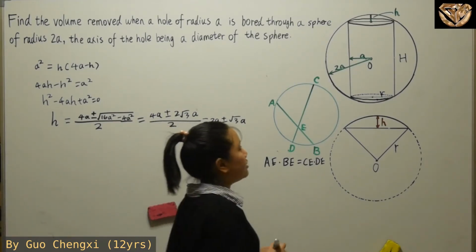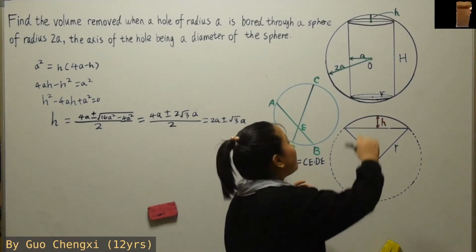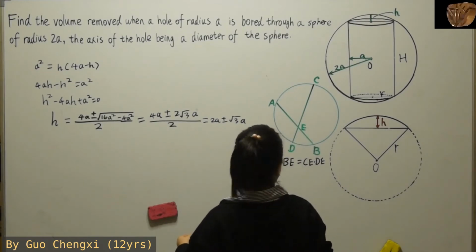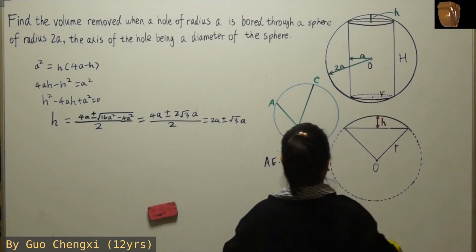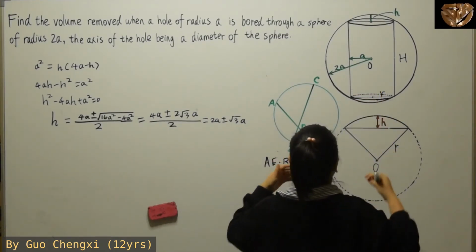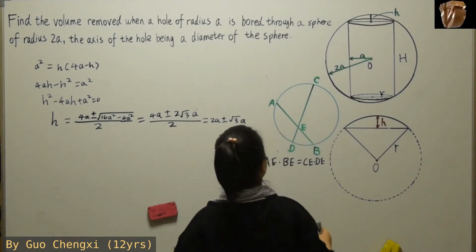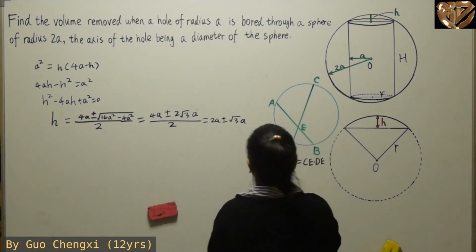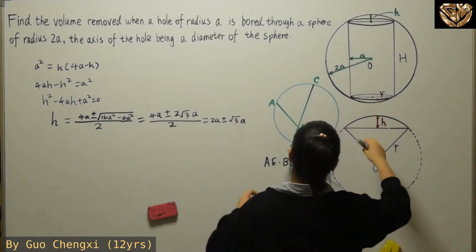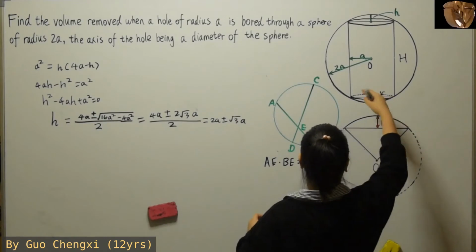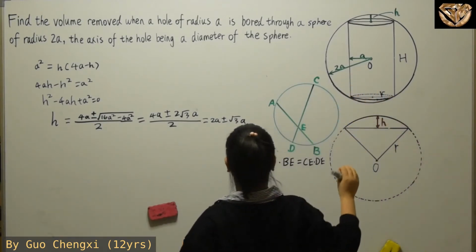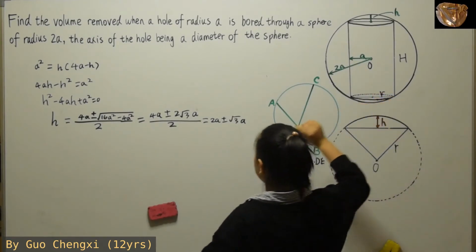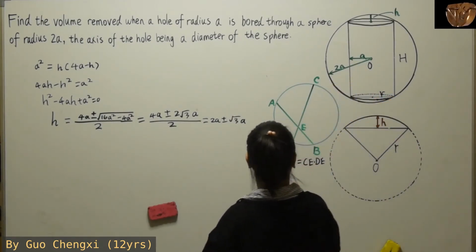But hold on a second. I do not care how flat the cylinder may be, but if you add square root 3a, that means that the height over here is even longer than the radius, which means that it would not be able to exist, because it's impossible for the height, the small h, to be bigger than the radius.